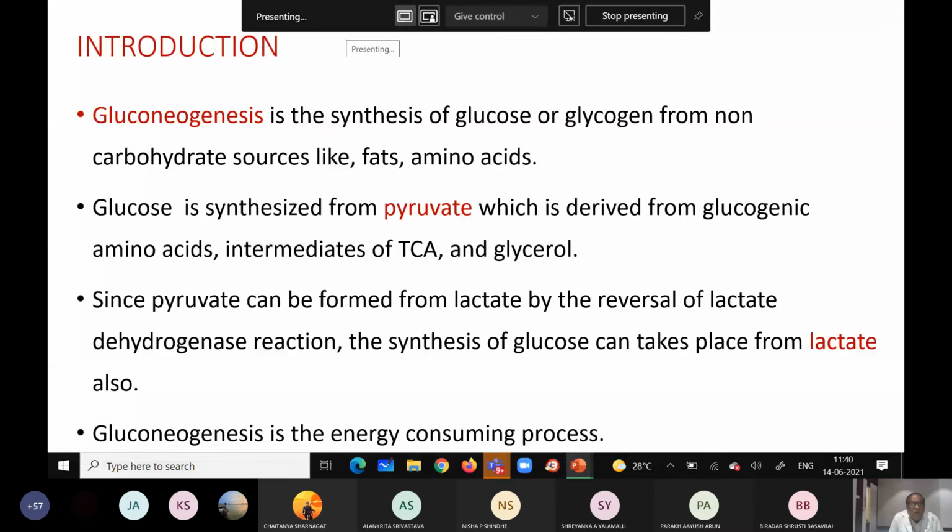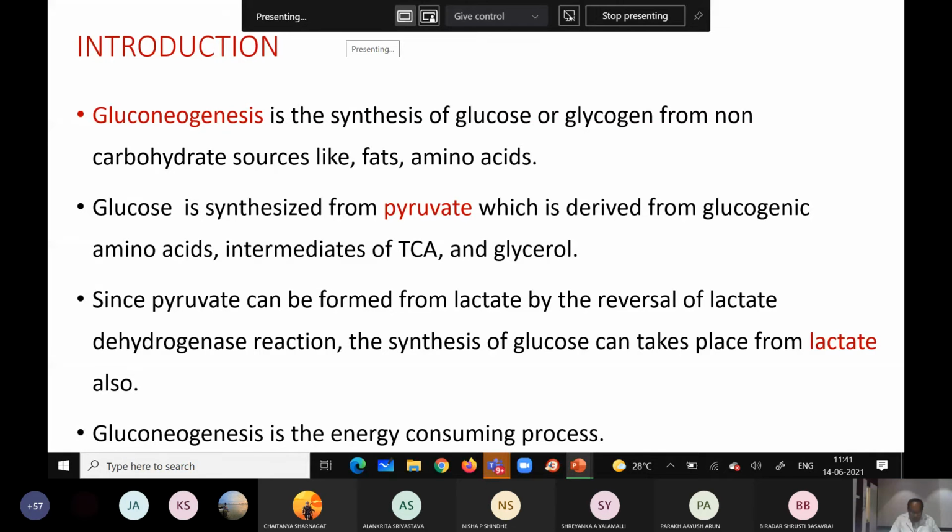And gluconeogenesis is the one which consumes energy. You should know the difference between gluconeogenesis and glycolysis or the Krebs cycle.